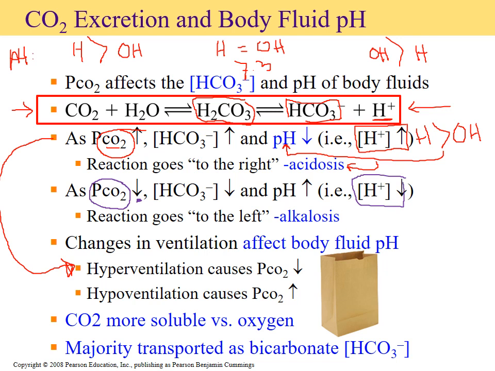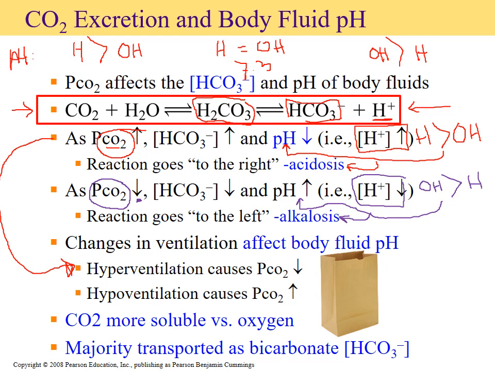So in this case, what we see happening is that the deficiency of carbon dioxide and the deficiency of hydrogens can cause the hydroxides to exceed the hydrogen. And if that happens, our pH goes up and we go more into alkalosis, or more into a basic or alkaline pH, anything above 7.3.